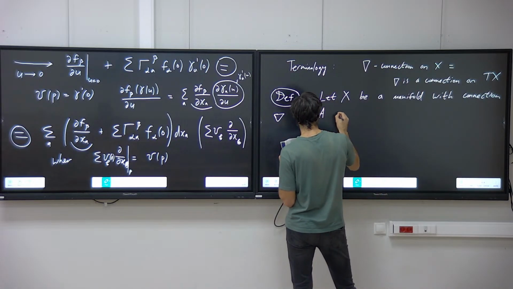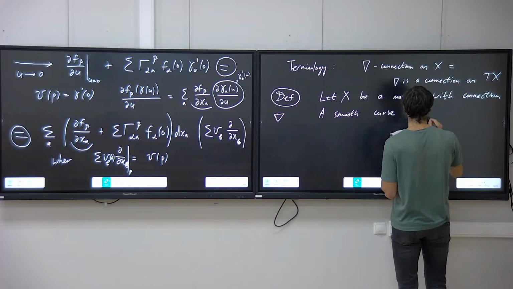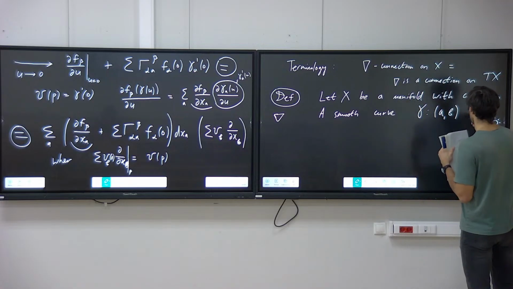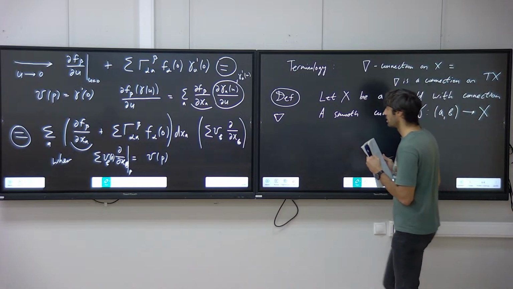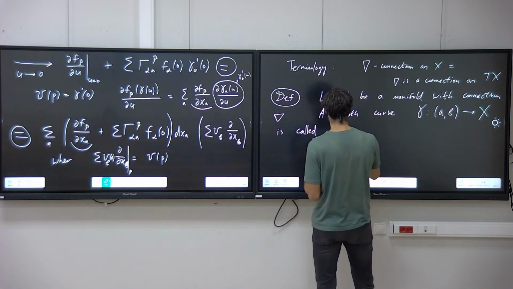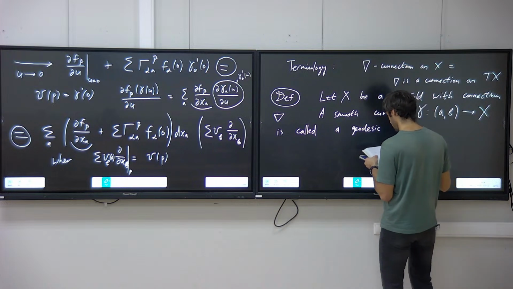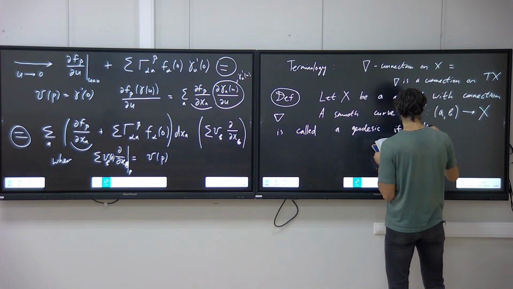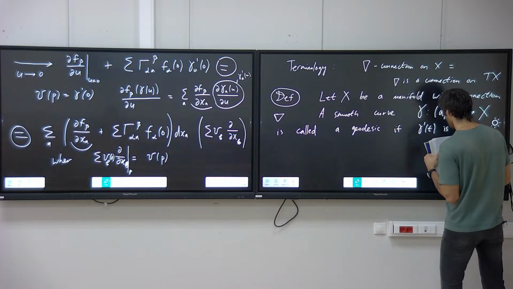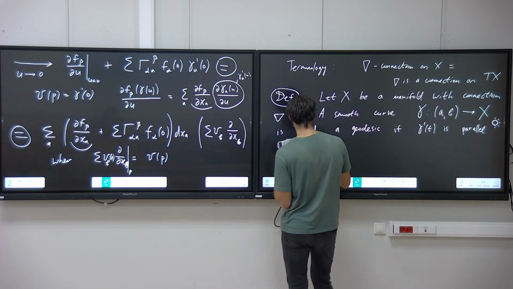Then a smooth curve gamma from an open interval to X is called a geodesic if gamma prime of t is parallel with respect to gamma of t.